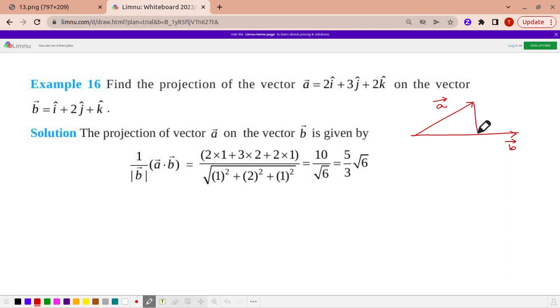For that, you recall that we complete this one, and angle is also required, and that angle we find out by means of that dot product.